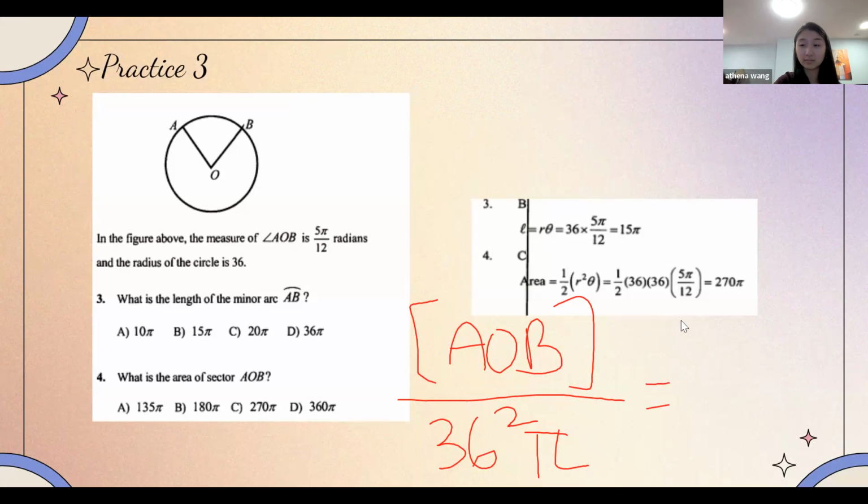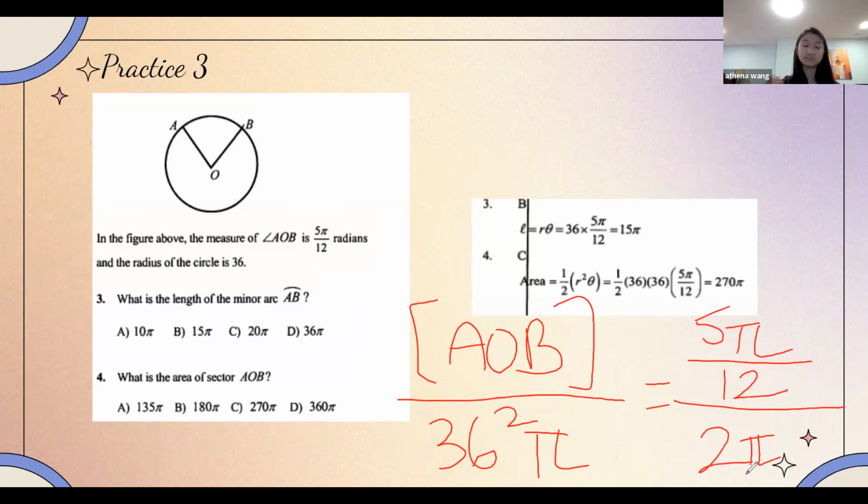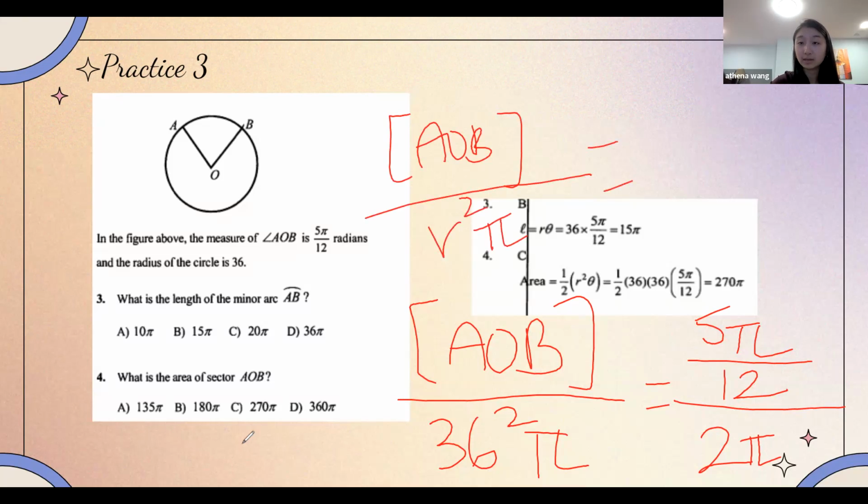So we have 5 pi over 12 over our total angle, which is 2 pi. If we were going to write this in a general form, we would say that the sector AOB over r squared pi is equal to our angle theta over 2 pi.